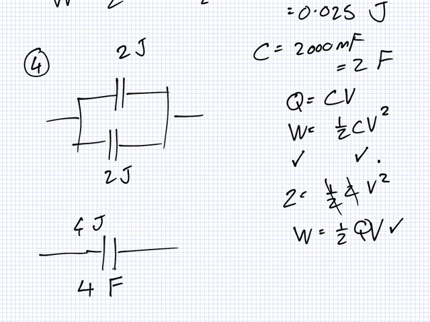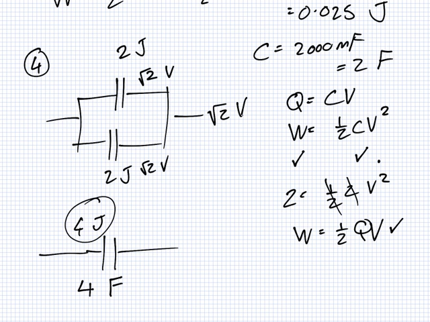So I think it is right and fine to add the work together to make 4 joules here. But I don't even really need to do that, because back here, when I worked out this is root 2 and this is root 2 volts, then I kind of know this has to be root 2 volts as well, because they're in parallel.